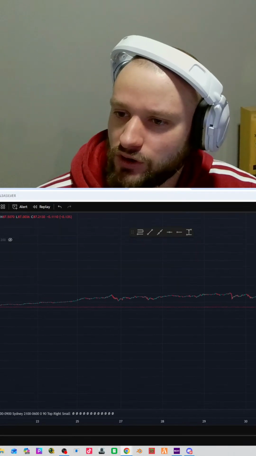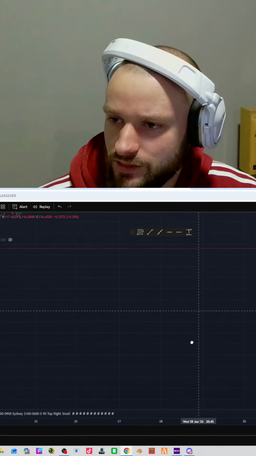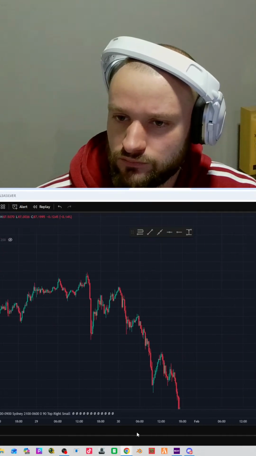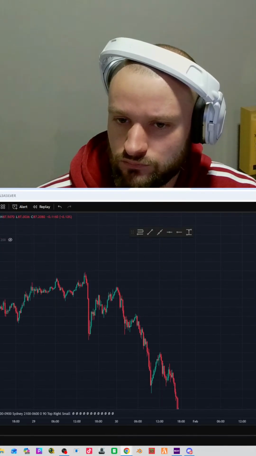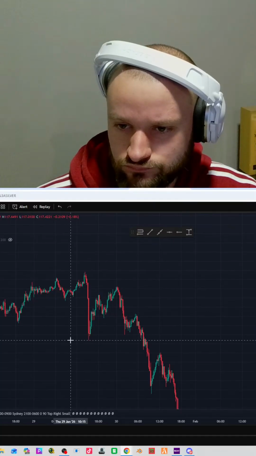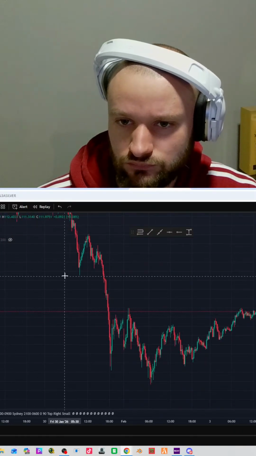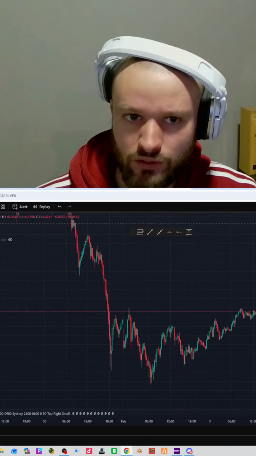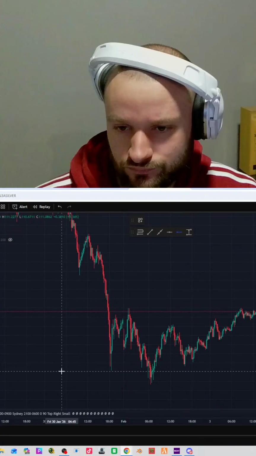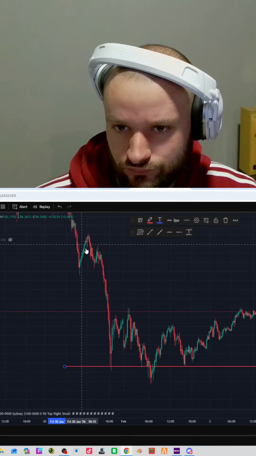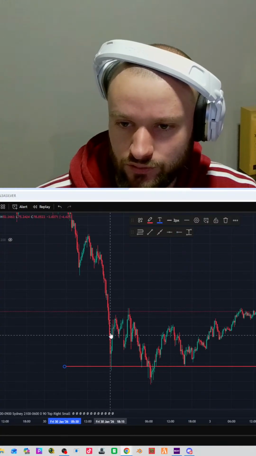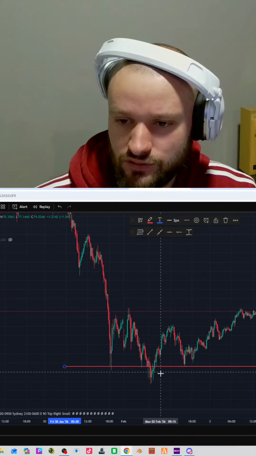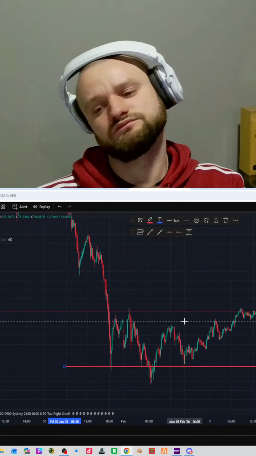Liquidity sweeps are a little bit hard to find for me, especially on these 15-minute charts. Here we go. Boom, downtrend. Liquidity, broke structure, ripped up.